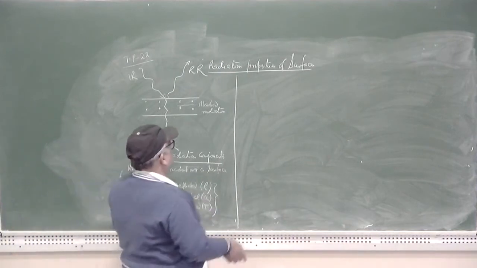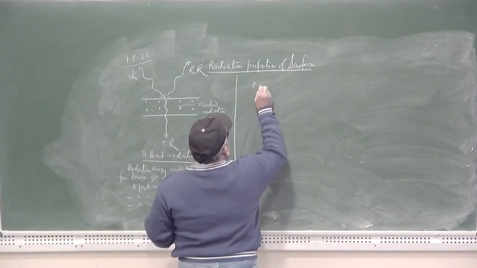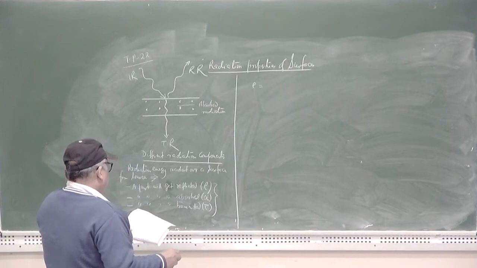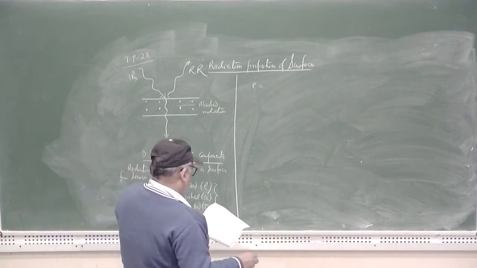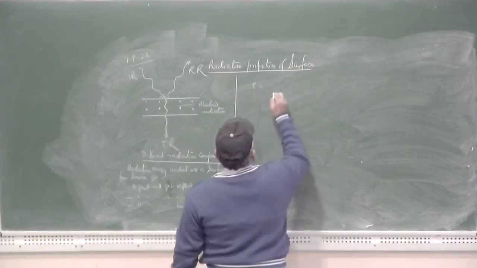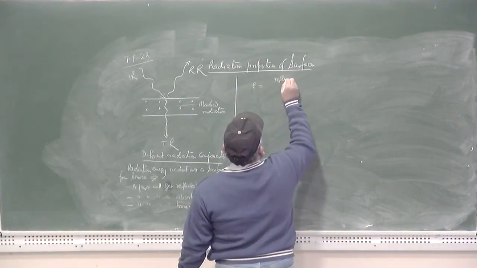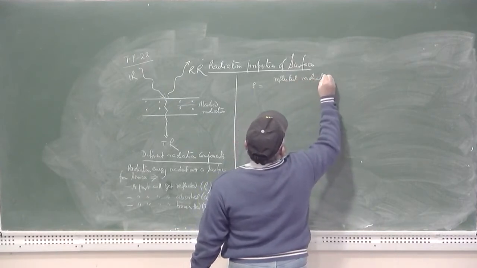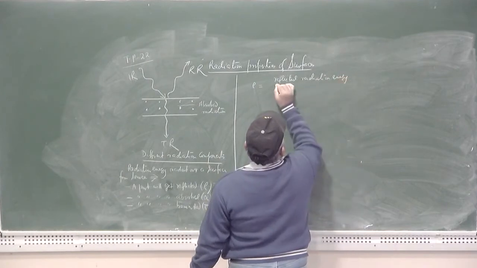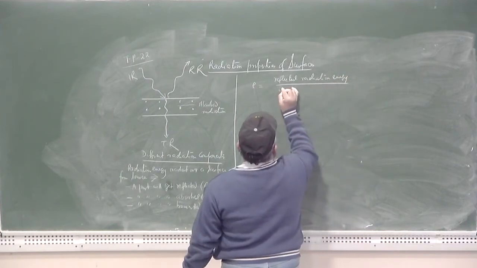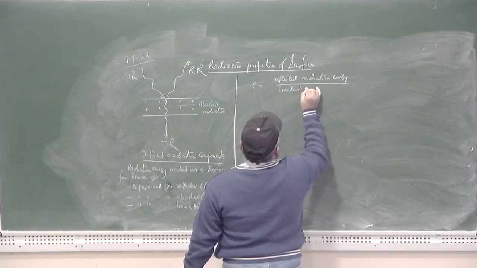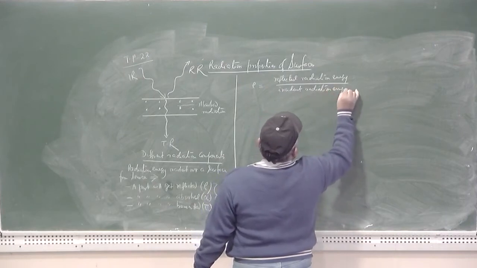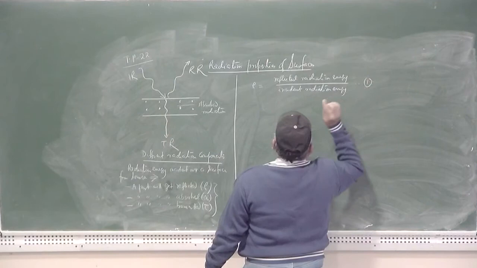So, the definition of rho, that is called the reflectivity, is defined as reflected radiation energy divided by incident radiation energy. Let it be equation number 1.